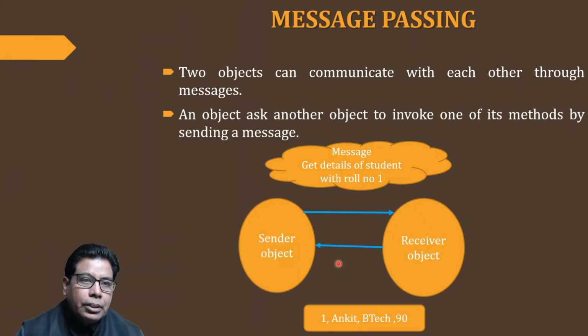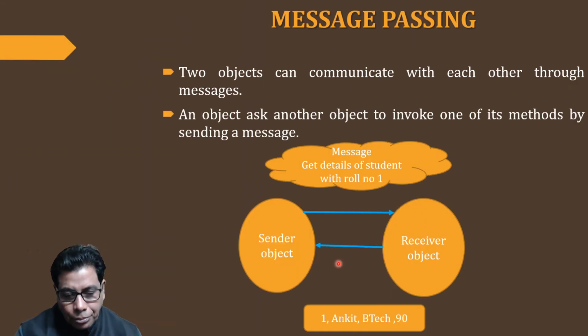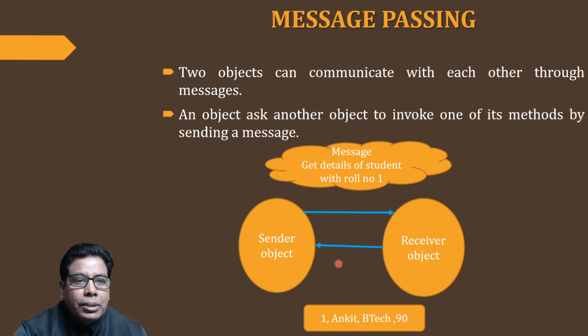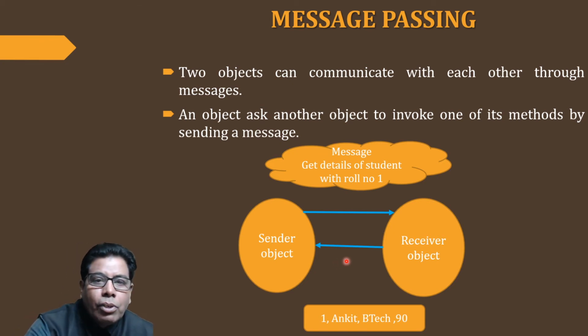So when we are studying message passing, here we have two objects that can communicate with each other through messages. Say an object asks another object to invoke one of its methods by sending a message.